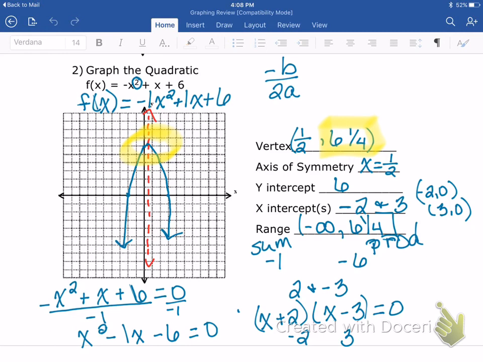So there we have our graph of the quadratic, negative x squared plus x plus 6. Something that you can also do is use your graphing calculator to confirm that you have everything correct here. And I would encourage you to do that. Okay?